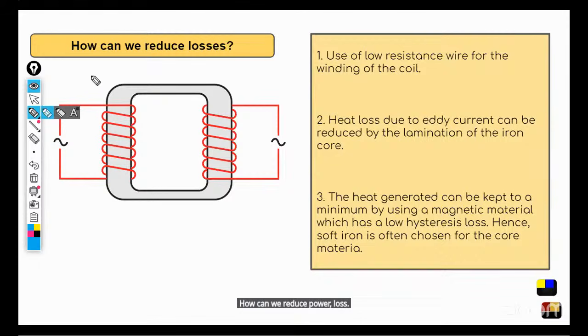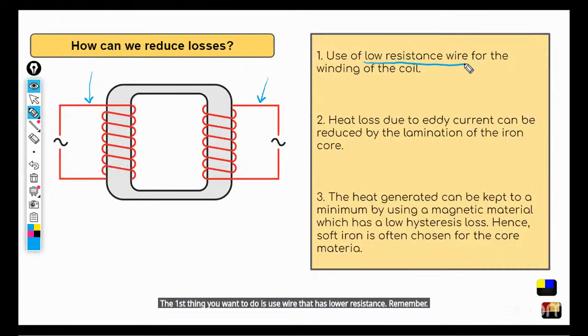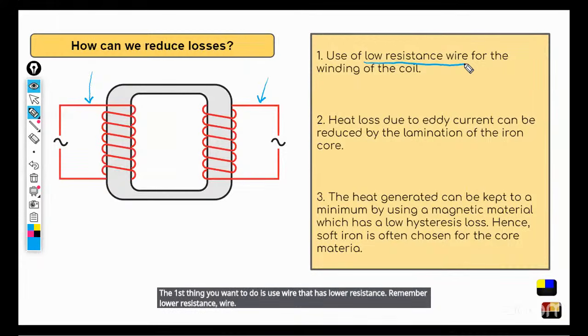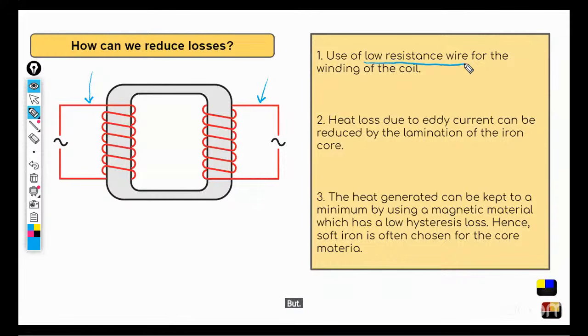Well, the first thing should be obvious. All transformers are made up of wire. The first thing you want to do is use wire that has lower resistance. Remember, lower resistance wire is more expensive, but at least you get less power loss.